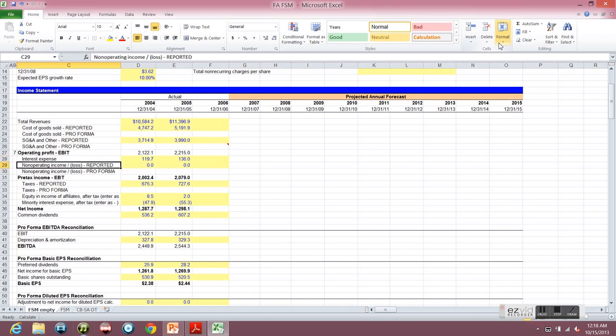Non-operating income or loss. Non-operating income or loss is basically any income or loss that is not attributed to the company's performance. Okay, for example, if you are a company that sells widgets, a non-operating income for you would be that you have taken some of the proceeds and invested into the stock market and you had a return on them.